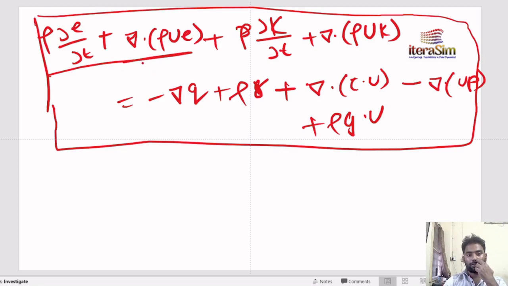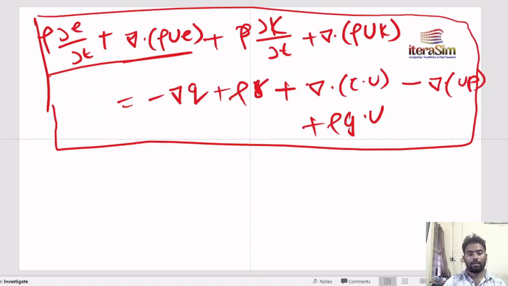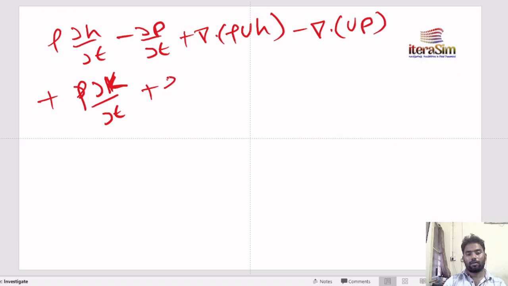So these two terms are replaced with these four terms, plus rho del K upon del t, that is the capital K, plus del dot rho u capital K, equal to minus del dot q.